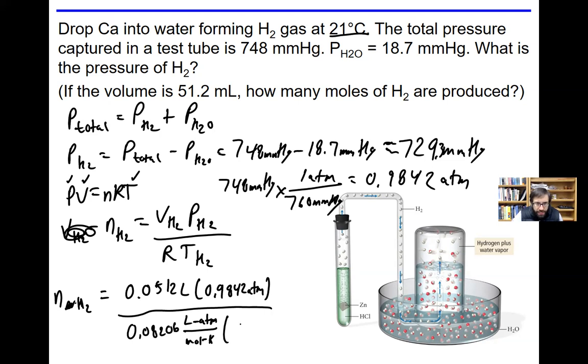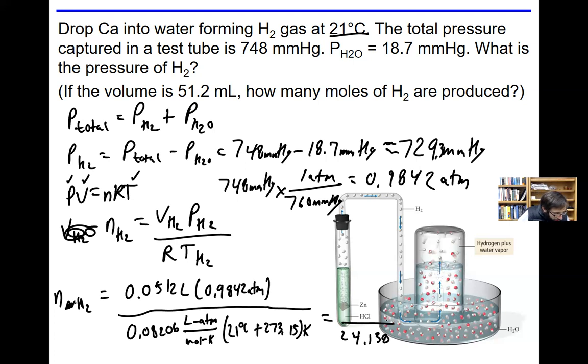So put that in for our pressure of hydrogen. Okay, and then lastly, our temperature. What's our temperature? It's 28 C. Well, I need to convert that into Kelvin. So I'm going to have to add 273.15, get that into Kelvin. And now I'm ready to plug that all in. So 21 plus 273.15 would be 294.15 times 0.08206. And so this bottom part becomes 24.138.